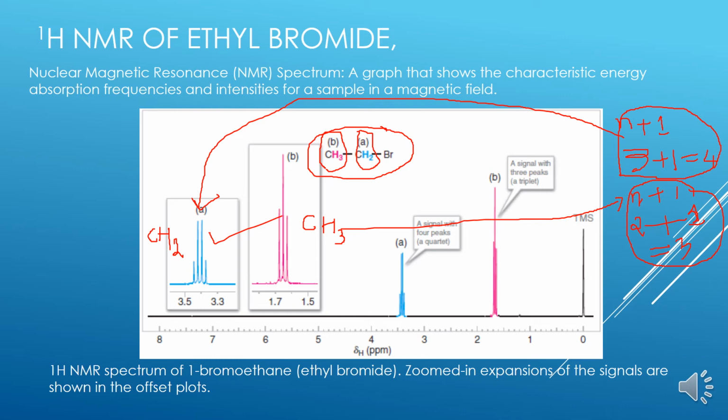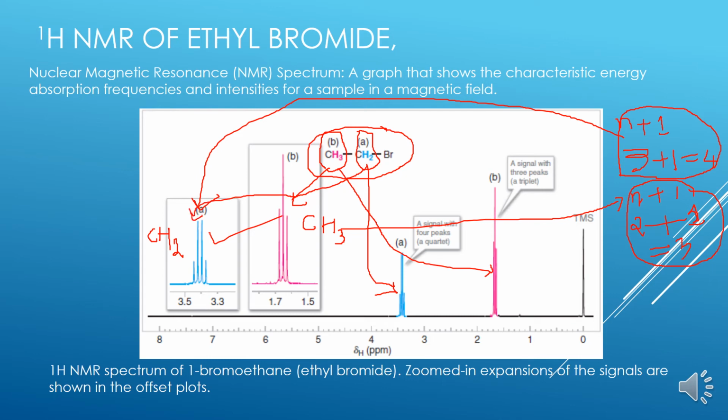So this is the NMR spectra of ethyl bromide. Okay, so this is for the splitting of this one.